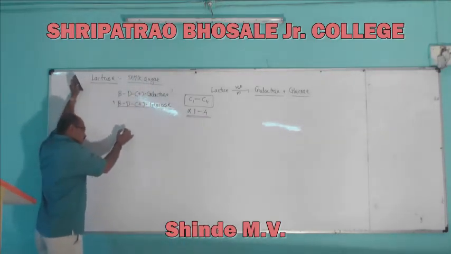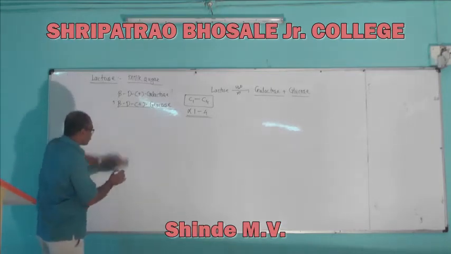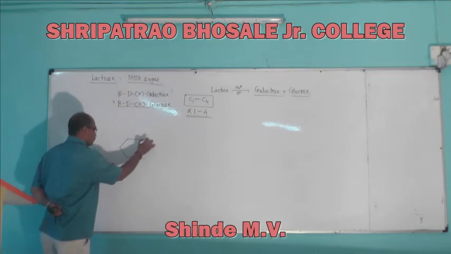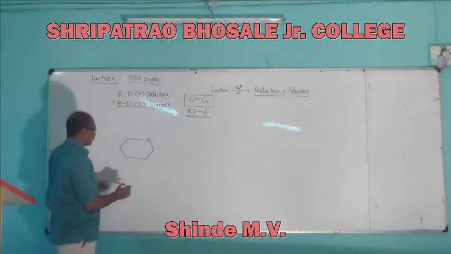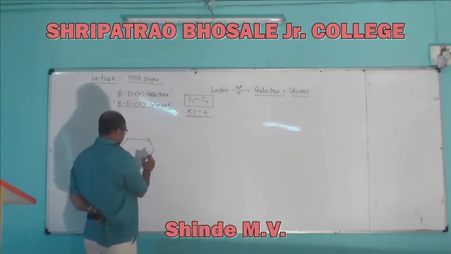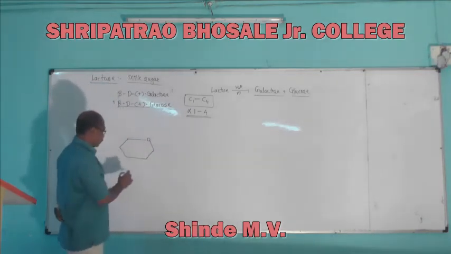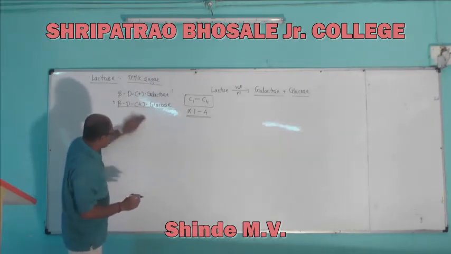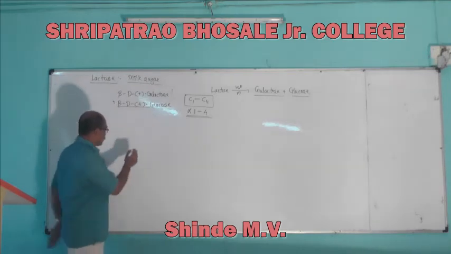When we draw the structure of beta D galactose, what is beta D galactose? It is the epimer of the glucose molecule.